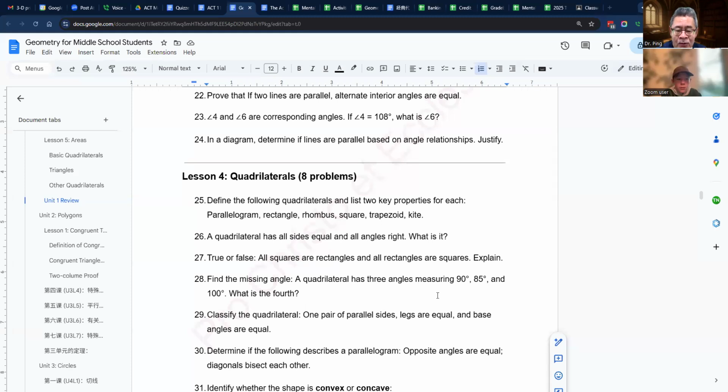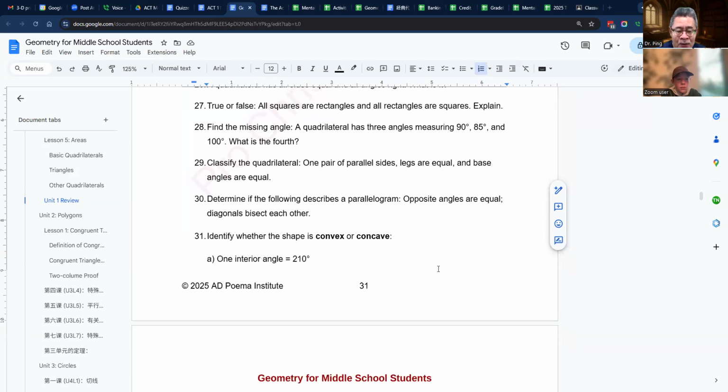Finding the missing angle. A quadrilateral has three angles measuring 90, 85, and 100. What is the fourth?